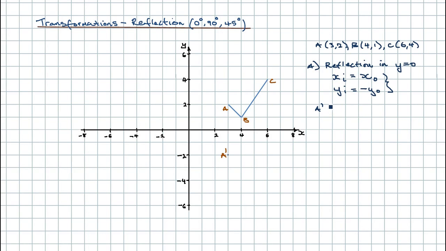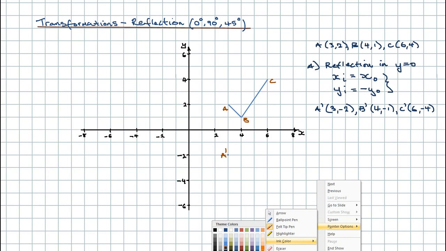Well, the x coordinates are going to be the same. So 3 is going to stay 3. The y coordinate, though, changes its sign, so negative 2. B prime then must be 4, negative 1. C prime must be 6, negative 4.